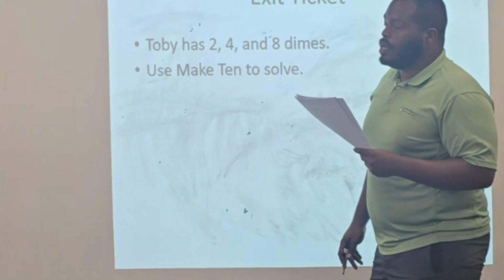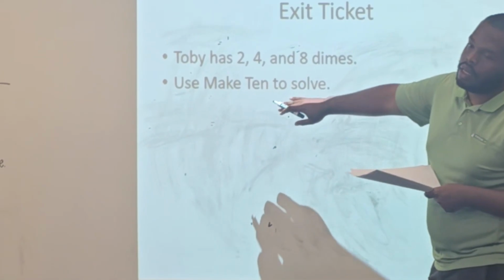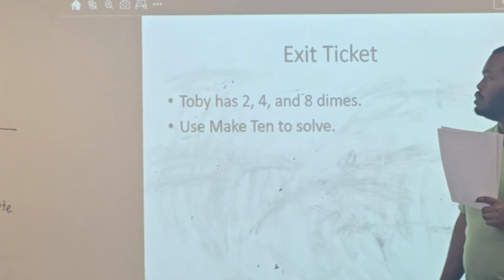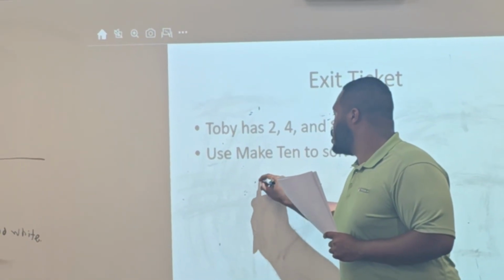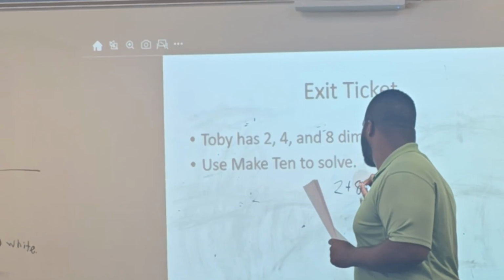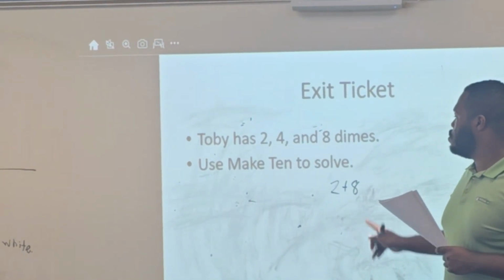Now, we missed a step. How do we set this up? We turn it into an equation, right? Yes. So what would that look like? 2 plus 8, and equals 10. What's the other number?